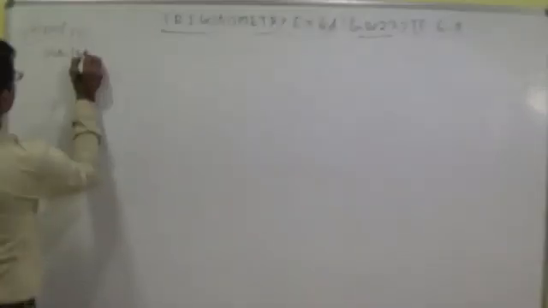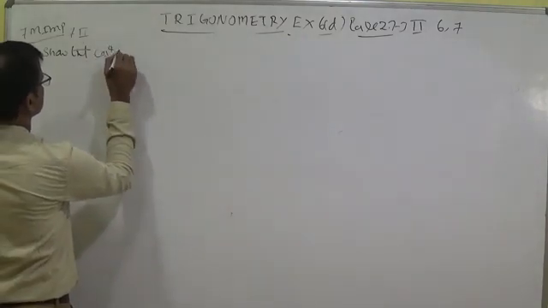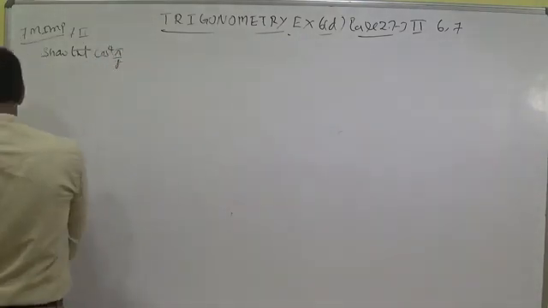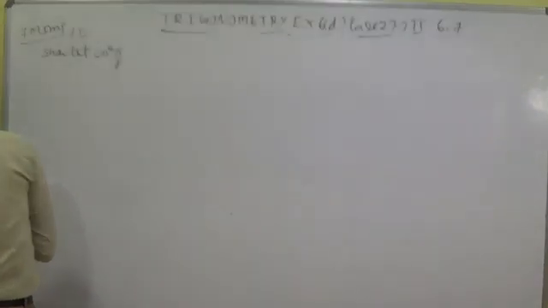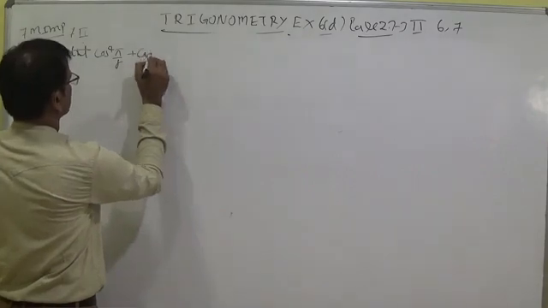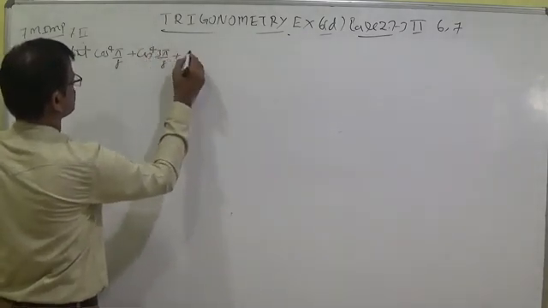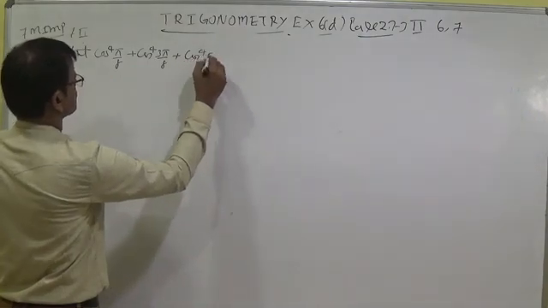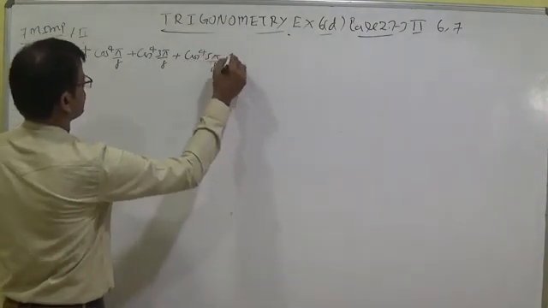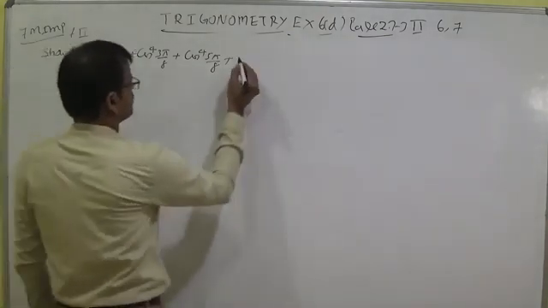Show that cos power 4 pi by 8 plus cos power 4 3 pi by 8 plus cos power 4 5 pi by 8 plus cos power 4 7 pi by 8.